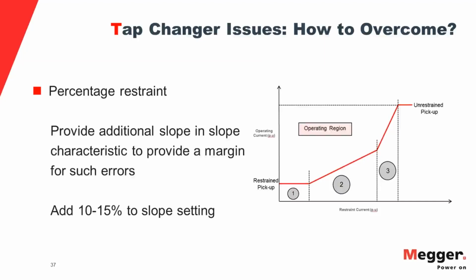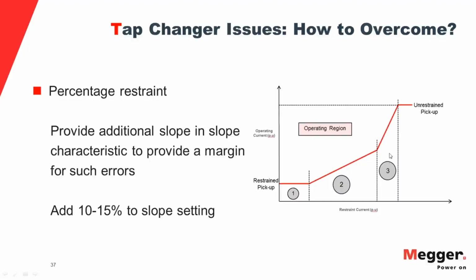If the secondary current is not linear with the primary current, you will not have the exact ratios. Because of that, there would be some mismatch in the currents flowing on the winding 1 side and the winding 2 side, which would result in the misoperation of differential.